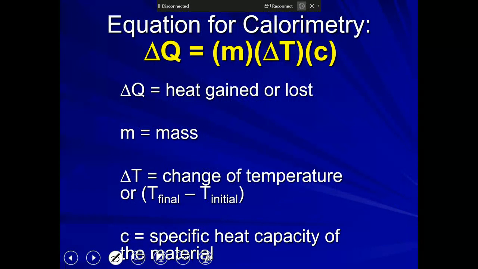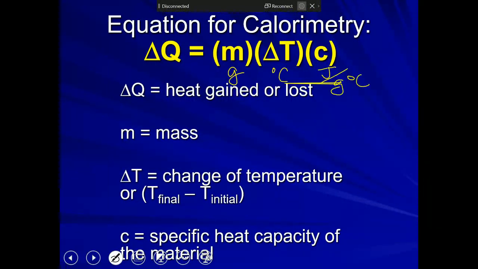So here's the equation. If we know the mass, which is the grams, and we know the temperature change, which is the degrees Celsius, and we know the specific heat, which depends on the material, but that's the number of joules for every gram degrees Celsius, then we can easily see how the grams and the degrees Celsius will cancel and we'll be left with joules, which is the heat gained or the heat lost.